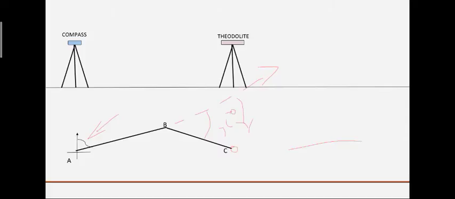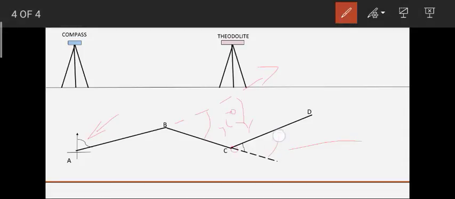Now once you are at the point C, bisect the point B again. Bisect the point B, transit the telescope, and then move in the anti-clockwise direction and bisect the point D. Now this is in a reverse direction, so this angle will be in the anti-clockwise direction. This will be our y degrees.